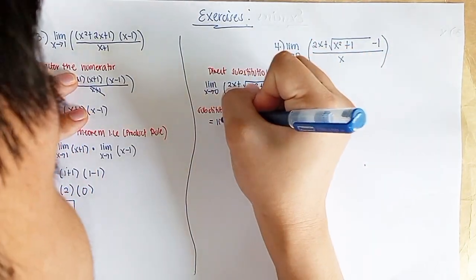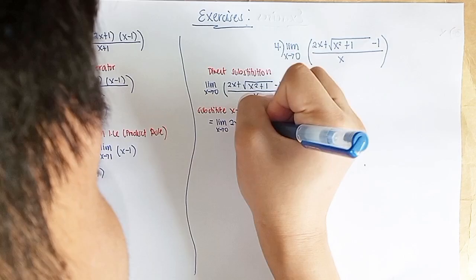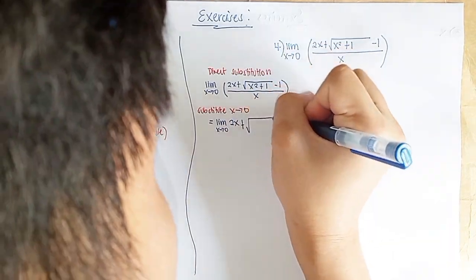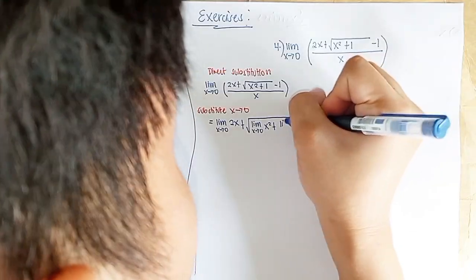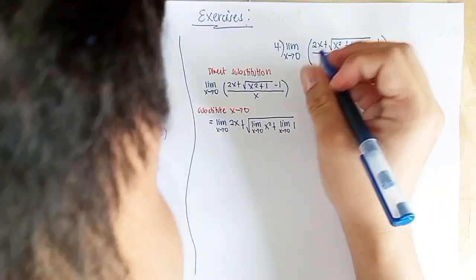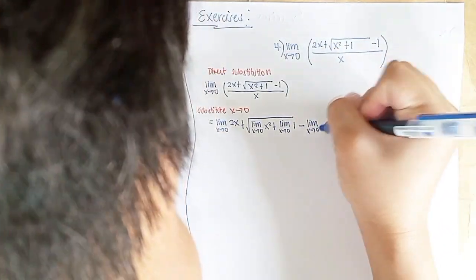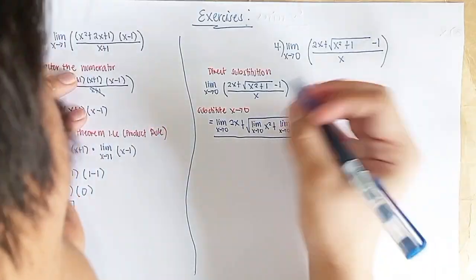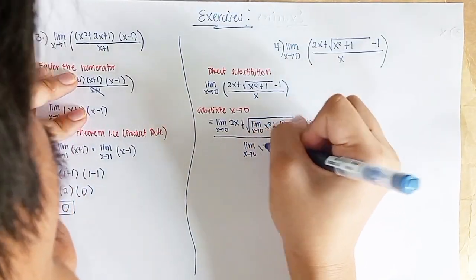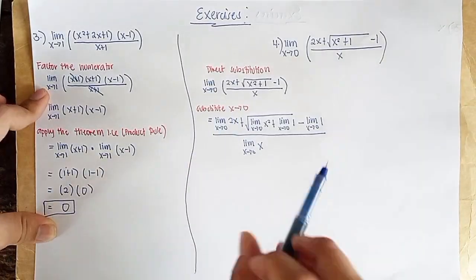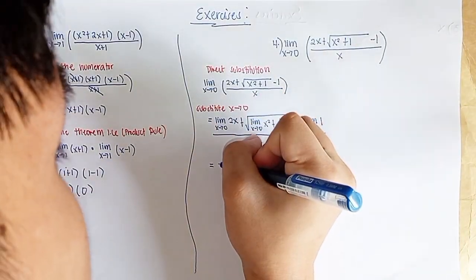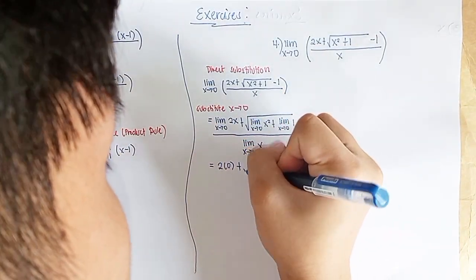So limit of 2x as x approaches 0, plus the square root of the limit of x squared plus the limit of 1, minus the limit of 1, over the limit of x. So if we substitute the value of x, 2 times 0 plus square root of 0 squared + 1, minus 1, over 0.